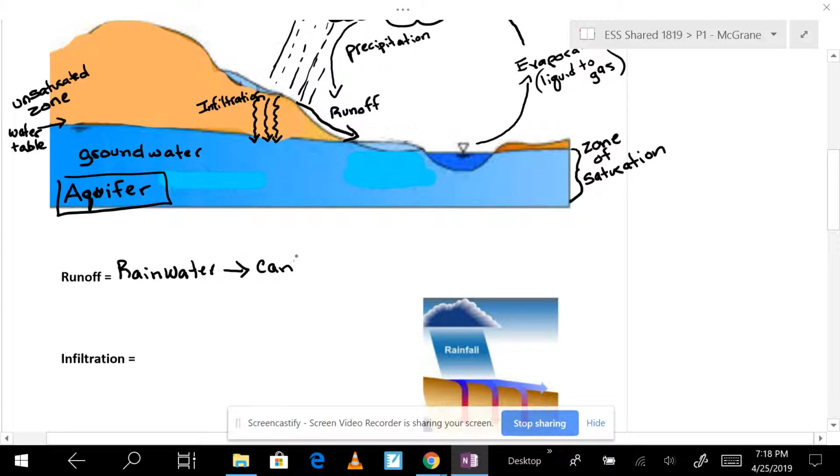It can't be or just isn't because the ground's already saturated or it's just coming down too fast, but it can't be absorbed by the ground. Okay, and so the excess water flows across the surface.